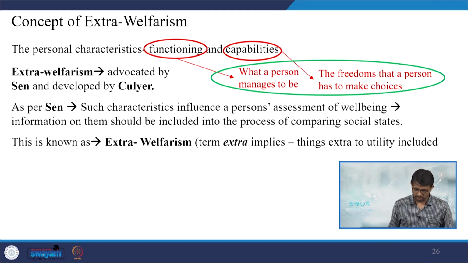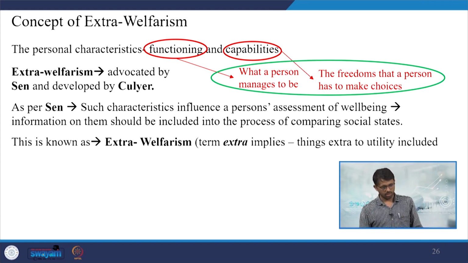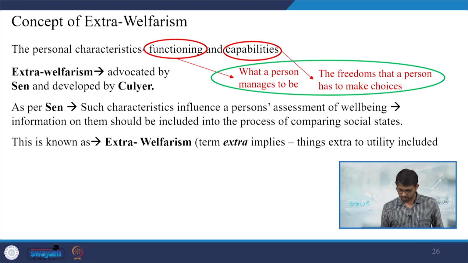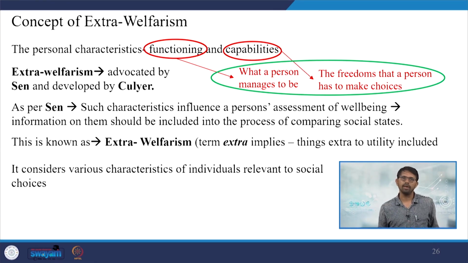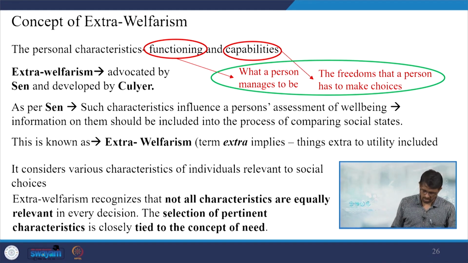This is also known as extra-welfarism, because things extra to utility are included in this discussion. It considers various characteristics of individuals which are relevant to social choices, though not all characteristics are equally relevant in every decision.